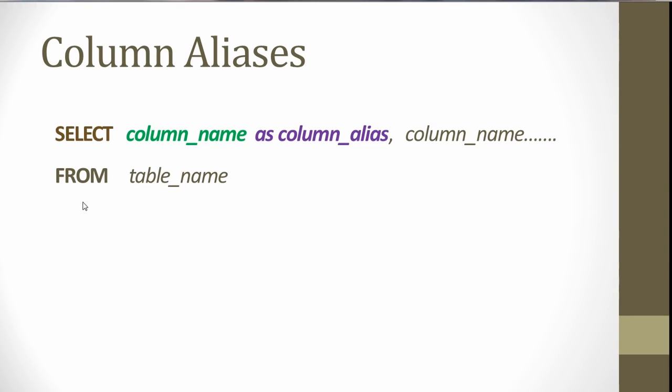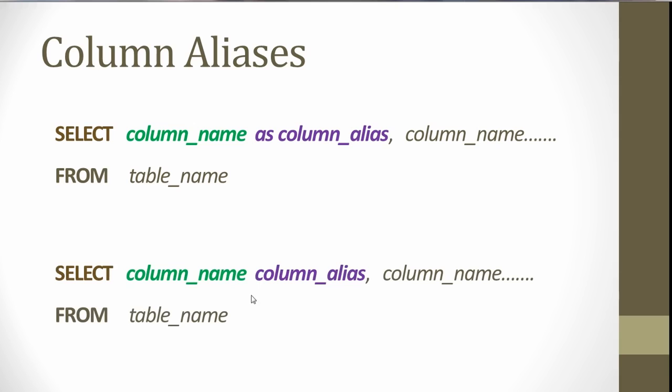As you all remember, the where and order by are optional, so I didn't include them here. Another way is to just say select column name, space, and then the column alias that you want to use. Some systems do not work without the keyword as, but some do without it. So it depends on where you're running your queries.